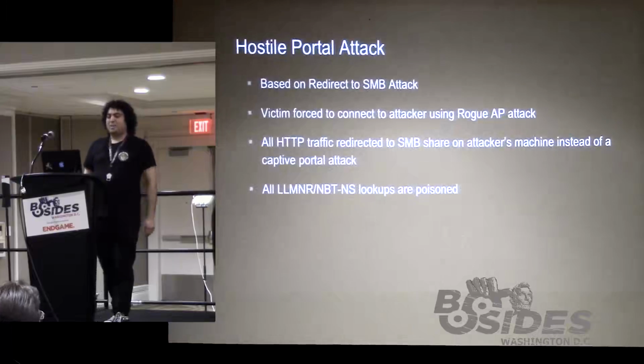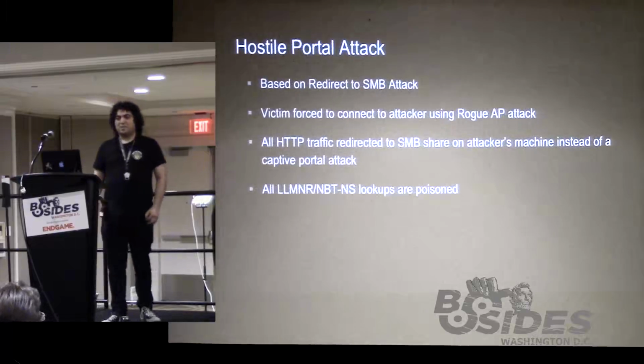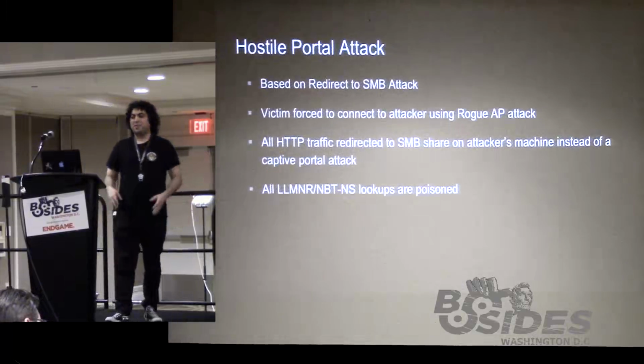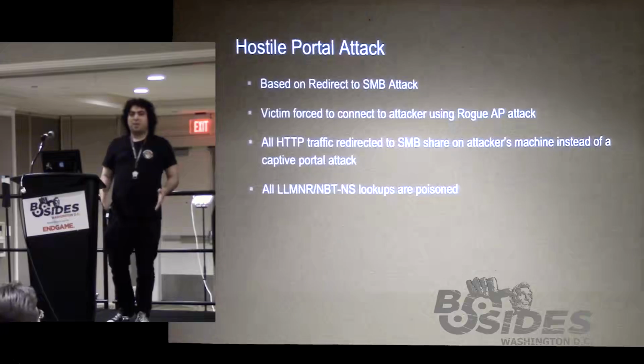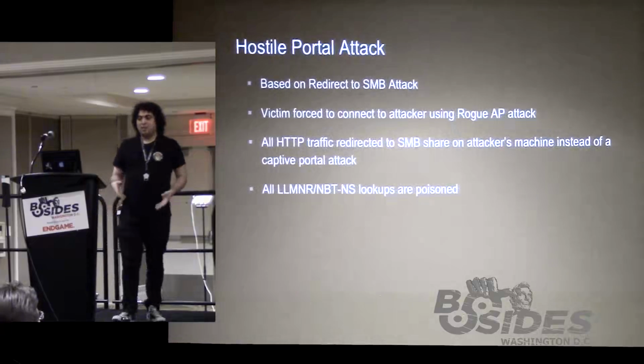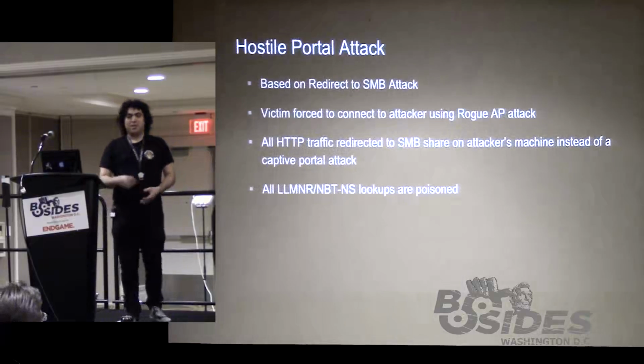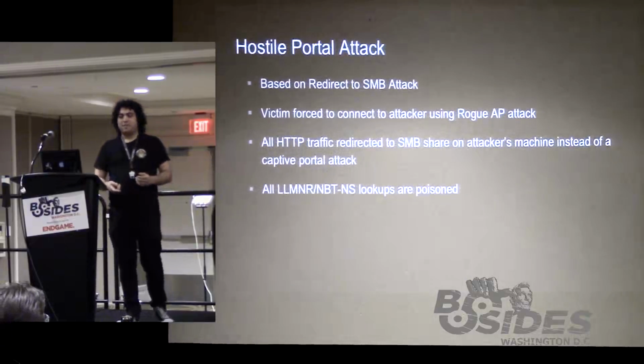So a hostile portal attack expands on this, right? It's based on both the redirect to SMB and also a captive portal technique. And the idea is that you first force a victim to connect to you using a rogue AP attack. But then what you do is you simply redirect all HTTP traffic to an SMB share on your machine, and you run a rogue SMB server in the background.